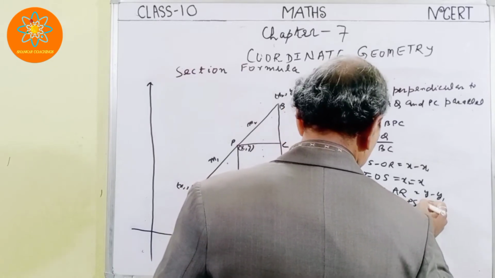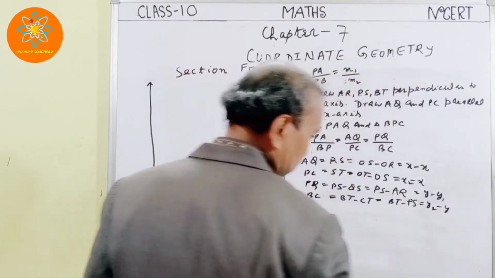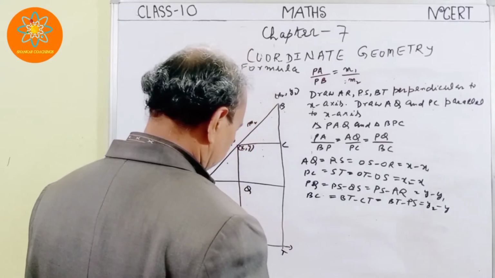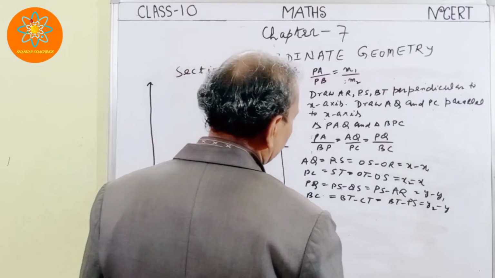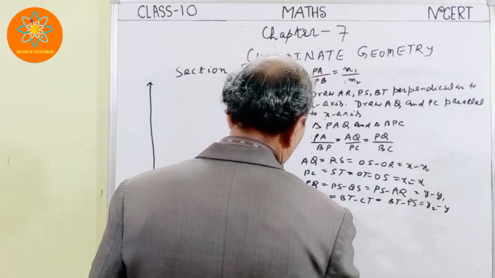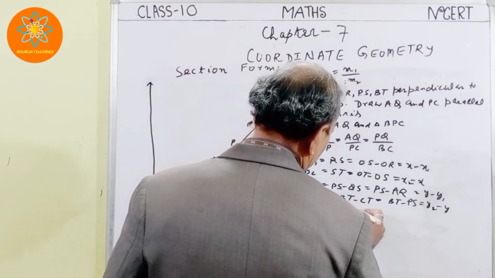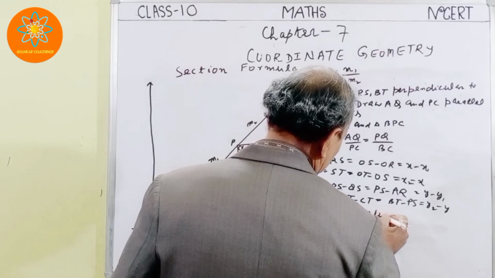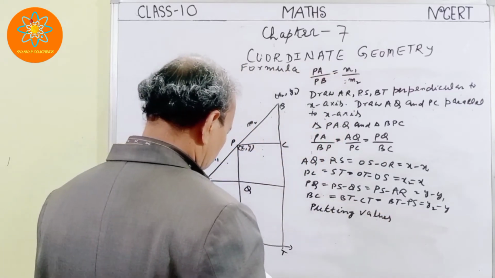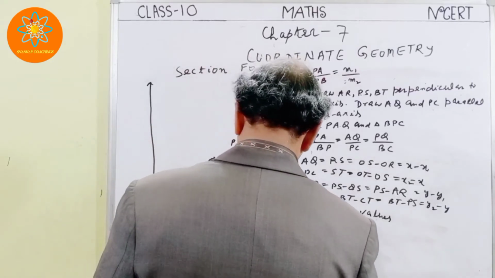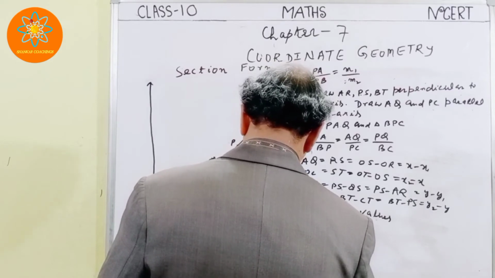This is equal to Y2 minus Y. Putting the values, how much will the value be?